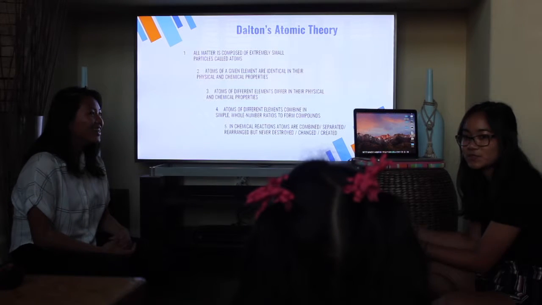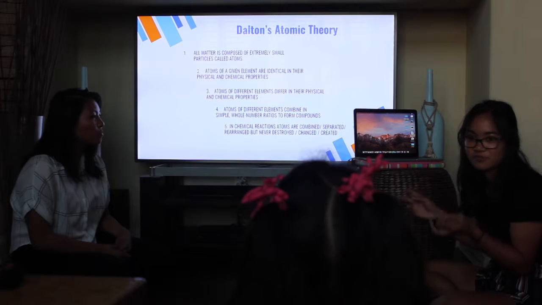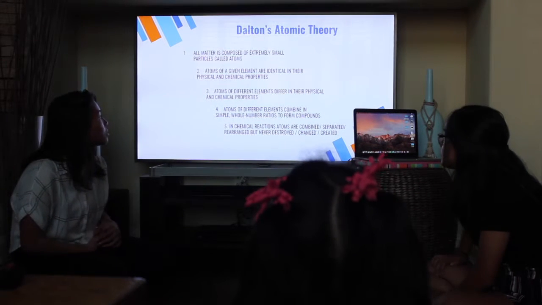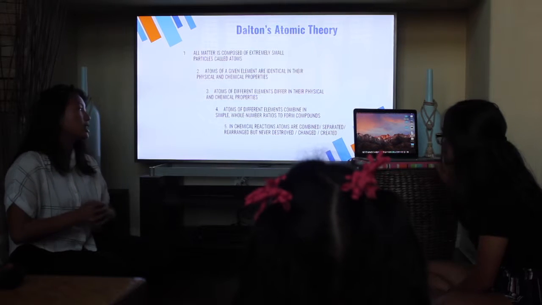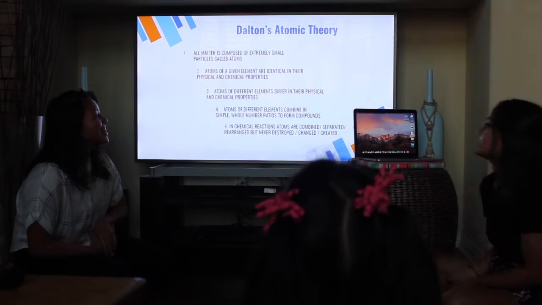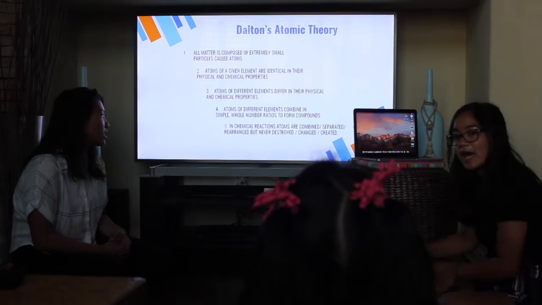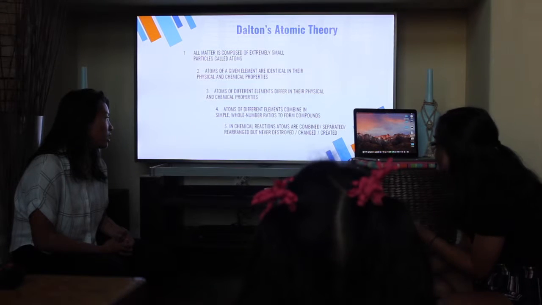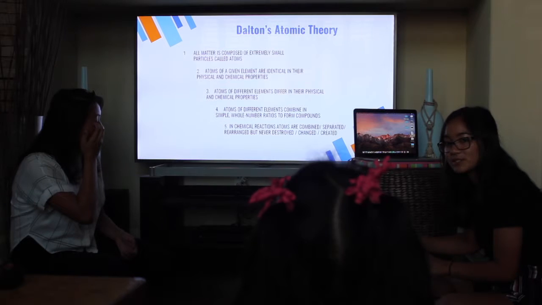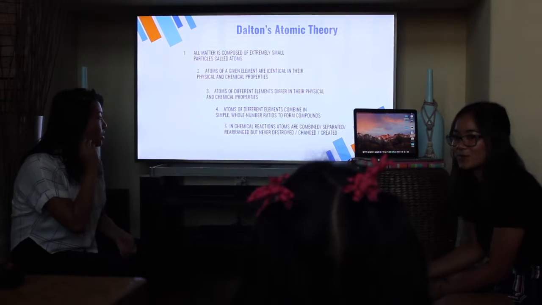So if you have 2 different atoms, they're going to have different properties, or they'll look different. Yeah. And then fourth is atoms of different elements combine in simple whole number ratios to form compounds. And the last theory is that in a chemical reaction, atoms are combined, separated, or rearranged, but they can never be destroyed or be created into a new atom.